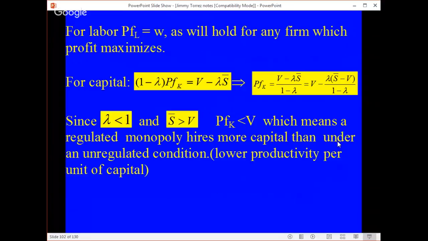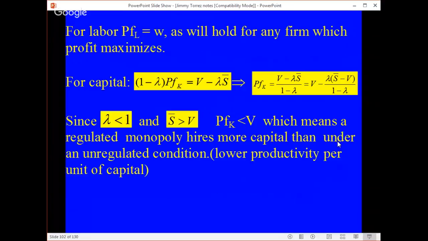Okay. So basically, my marginal revenue product for capital is going to be less than V, right? And if the market was efficient, my marginal revenue of capital would be the cost of capital. In other words, I keep using capital until the revenue I get from that capital is equal to the cost of it.